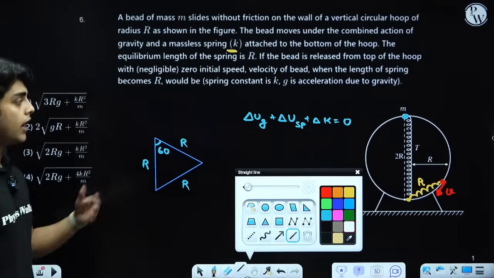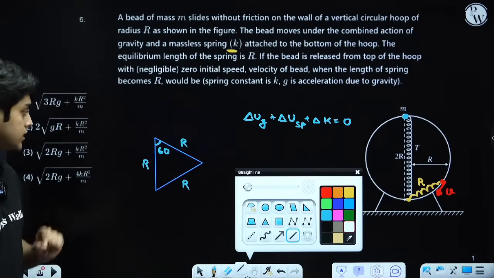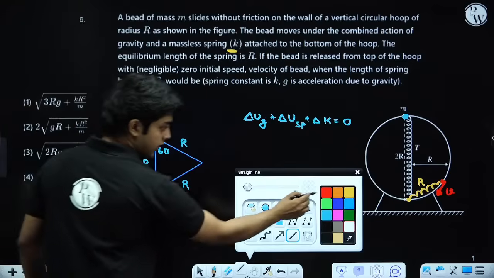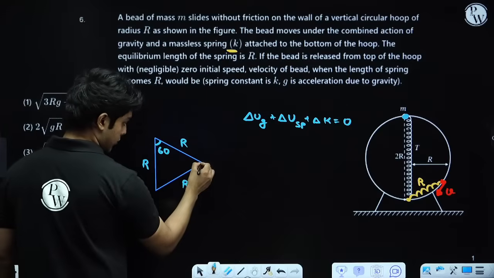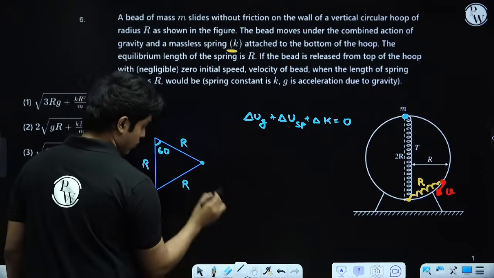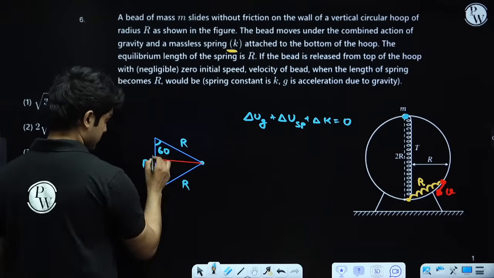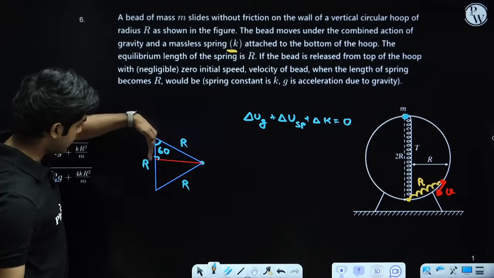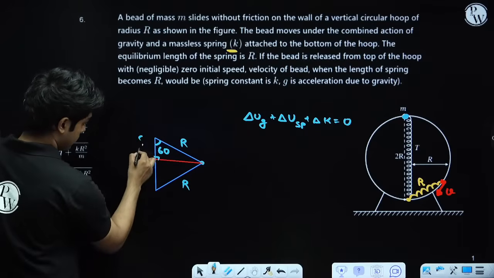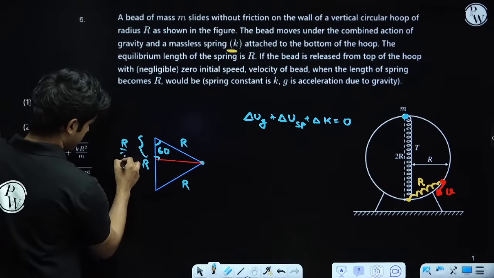So if this angle is 60, can we find out the height, right? Because we need the height change to write the change in gravitational potential energy. This is where the mass is at the moment. So let's find out its height from the ground. This distance is r cos theta, which is r by 2, right?